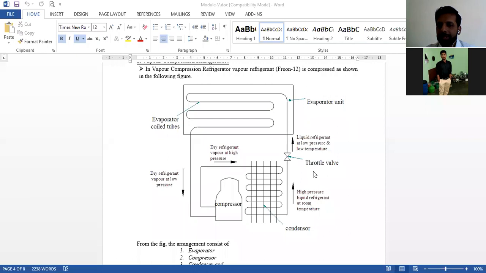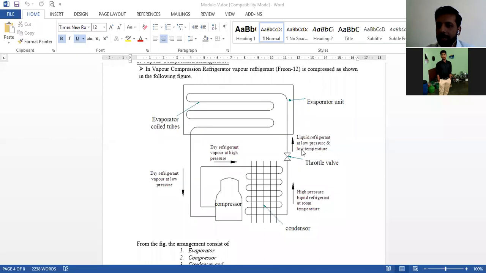The next thing is that it goes through an expansion valve or a throttle valve. There is a sudden expansion of the area in this pipe through this valve. What is entering is the high pressure liquid refrigerant. As soon as it is expanded, it comes down to low pressure because the area is increased.